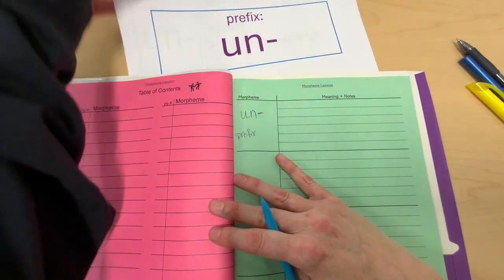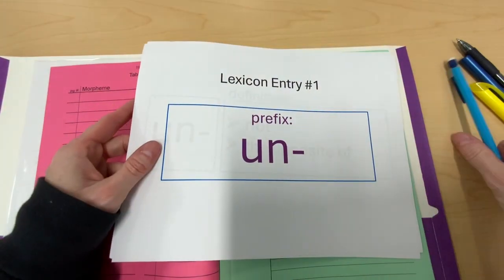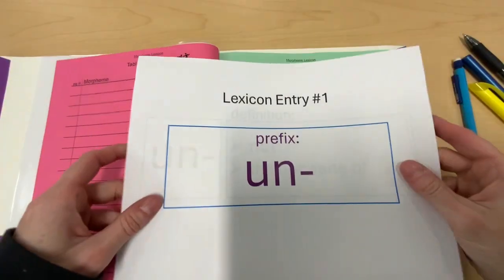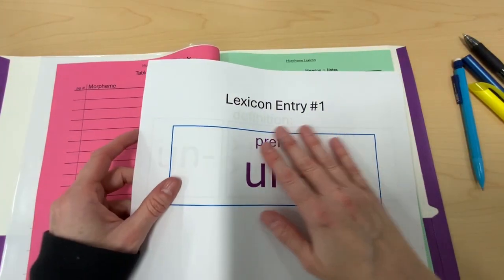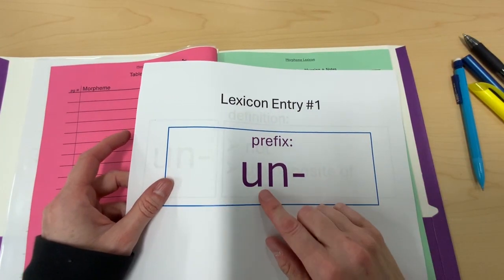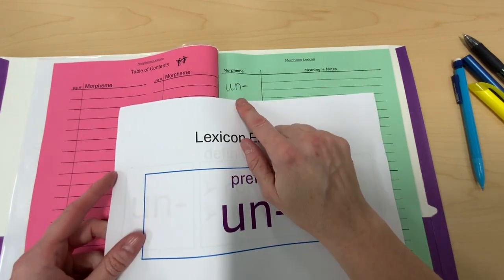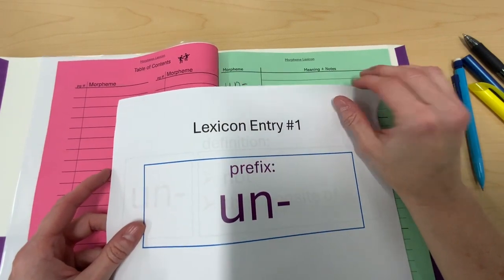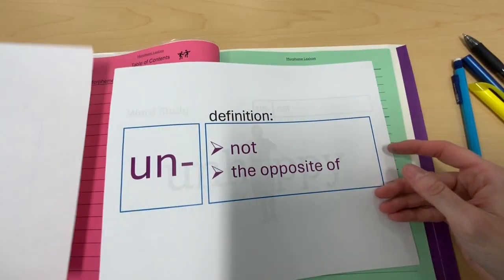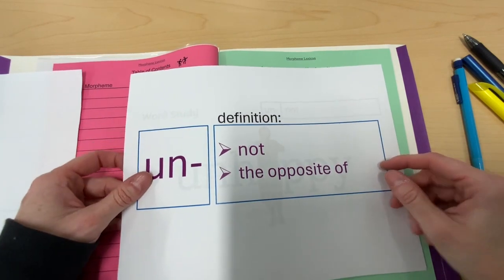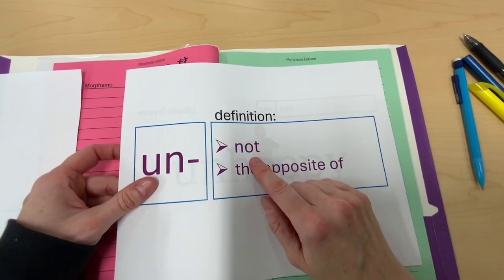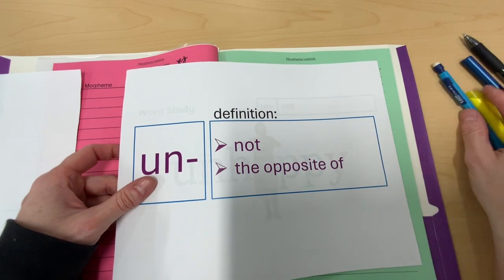So every time you have a new word, I'm going to give you basically slides on paper. So our first prefix is un, and I've written that down, and I have that in my table of contents. And here's my definition. Un means not or the opposite of.